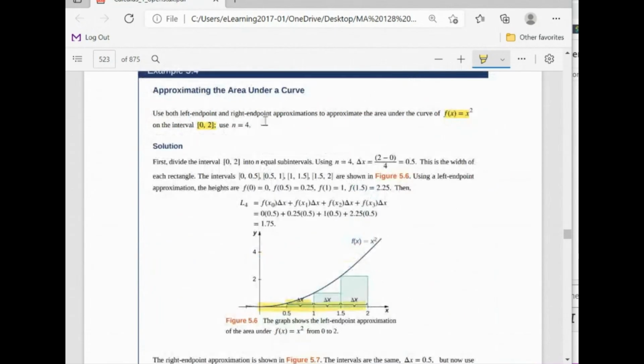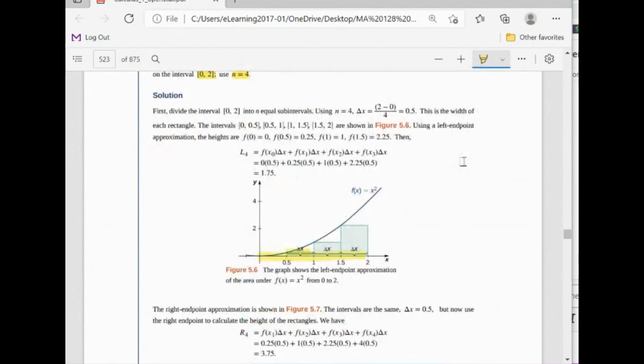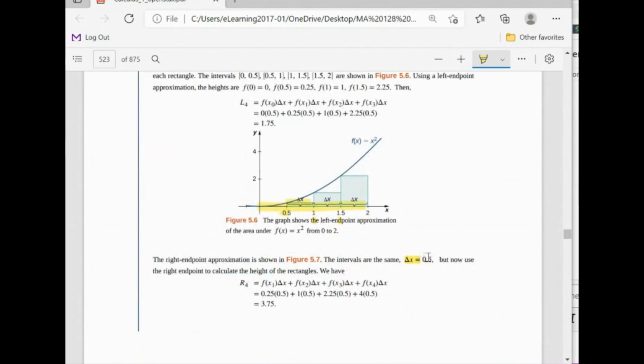In this example, only 4 subintervals are being used. One subinterval goes until 0.5, then until 1. So each subinterval has the width 0.5, because we divided the interval 0 to 2 into 4 subintervals.